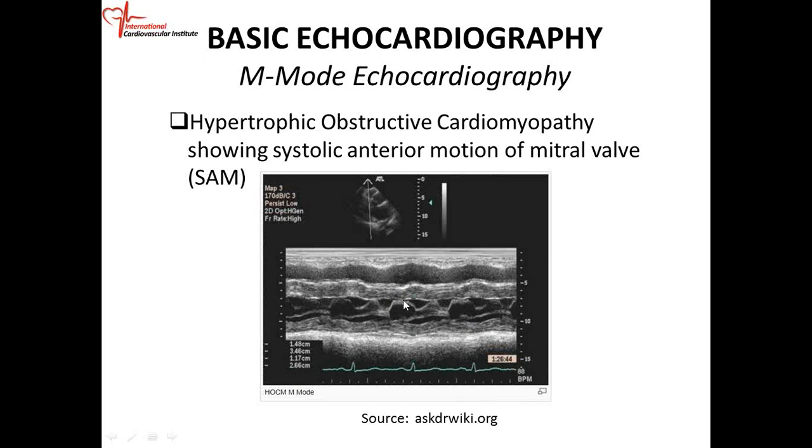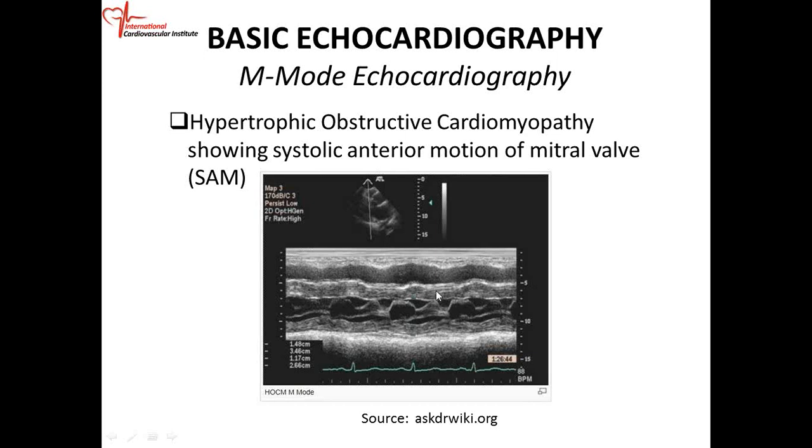Okay, so diastole, mitral valve open. In systole, something is going on in systole. If you look carefully, you can see that there's systolic motion of the mitral valve towards the septum.